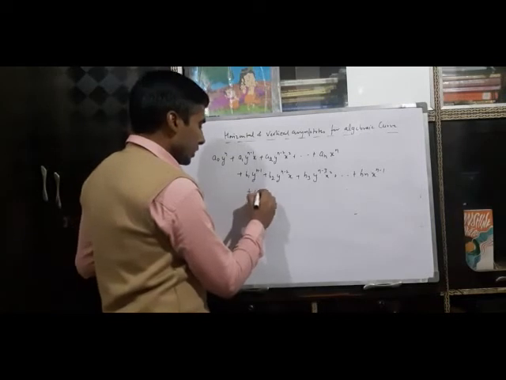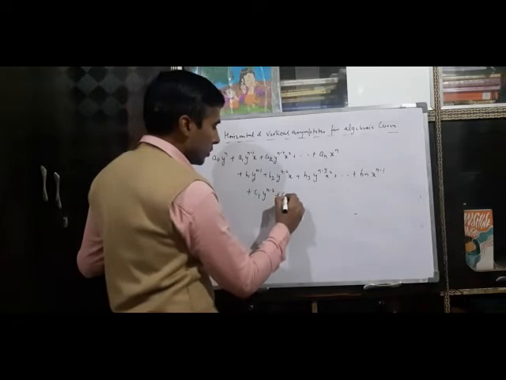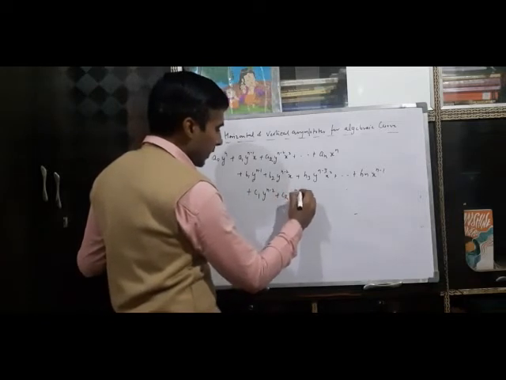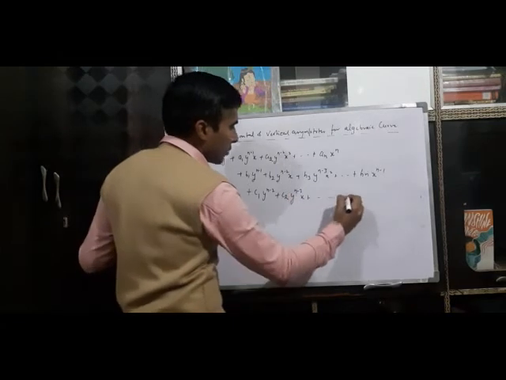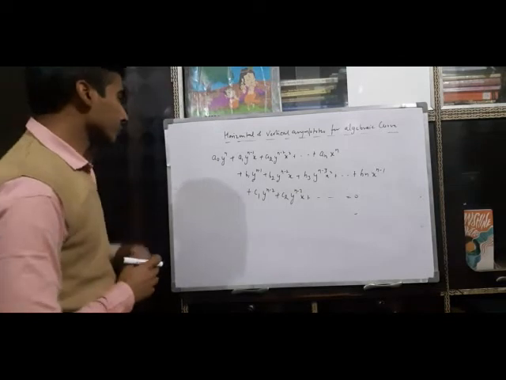Similarly, c1 y raised to power n minus 2, c2 y raised to power n minus 3 x, and so on. This is the general algebraic curve.